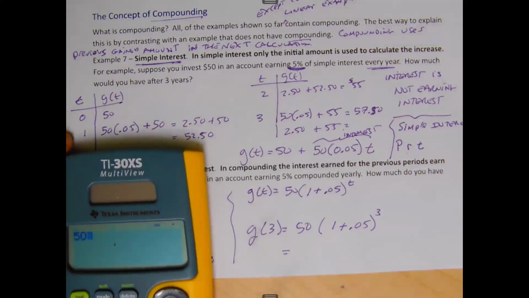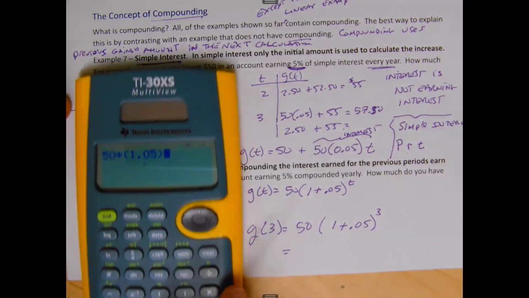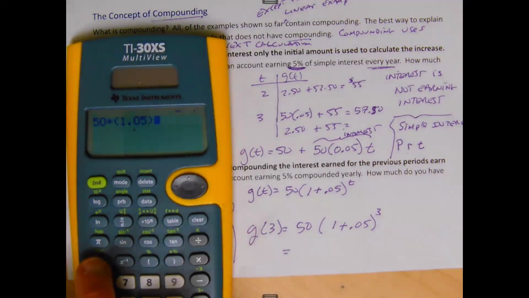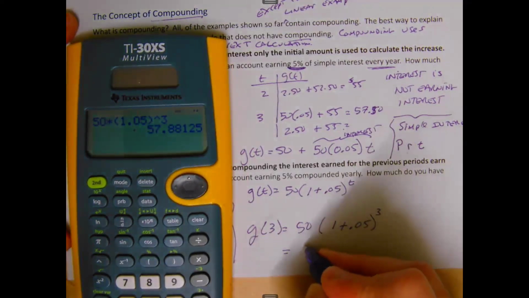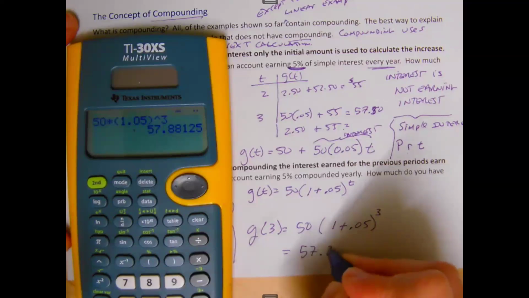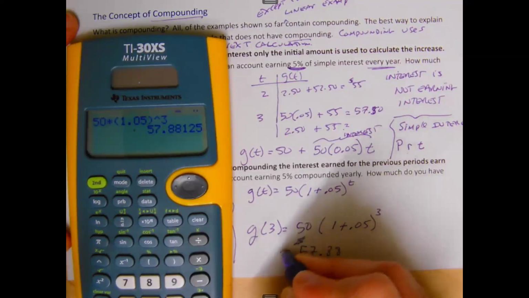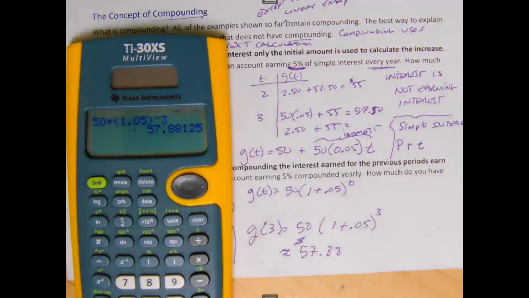So again, 50 times 1.05. Now the caret symbol is right here, you can't see it off the screen, but they use the caret symbol to raise to a power. Enter 3. And then I'm just going to round to the nearest penny. So approximately $57.88 is what you have.